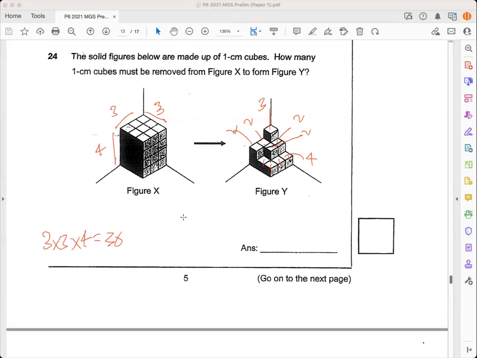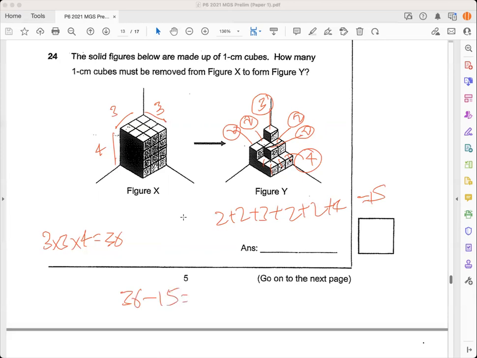So in this column there's 2, here's 2, 3, 2, 2, and then all these are ones, 4. So the answer is 2 plus 2 plus 3 plus 2 plus 2 plus 4. So it will give you 15. So the answer is 36 minus 15. You have to remove 21 cubes. Let's continue with question number 25.